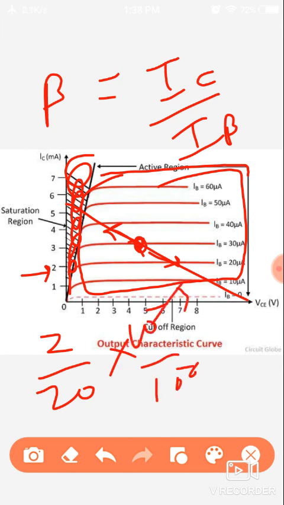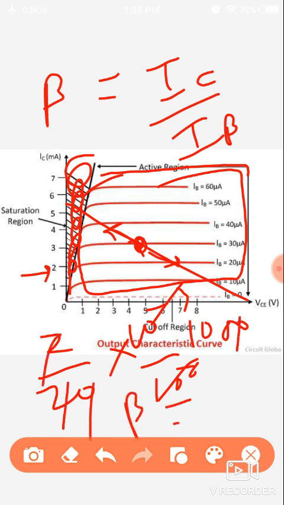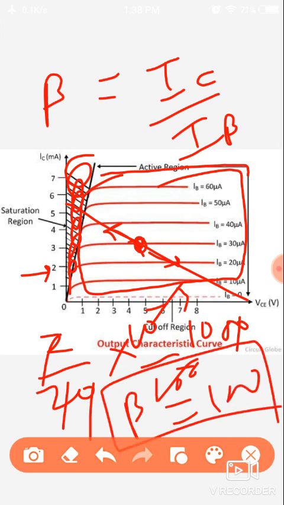Here we have 10 raised to the power 3, hundred thousands, 0 cancels out, 2 cancels out, beta equal to 100. In this case we say that the gain of the transistor is equal to 100.